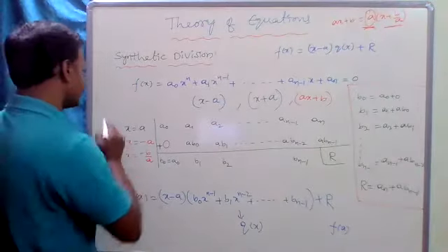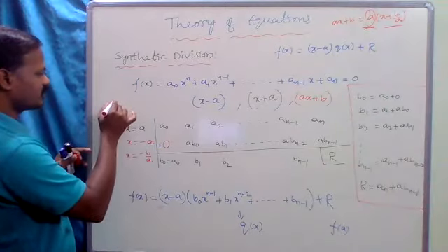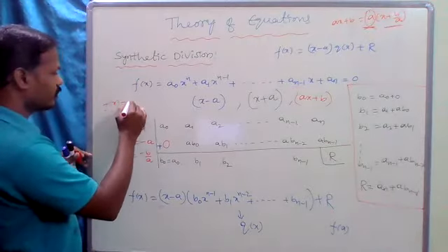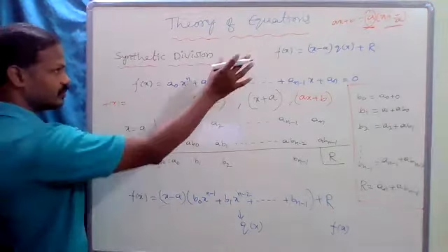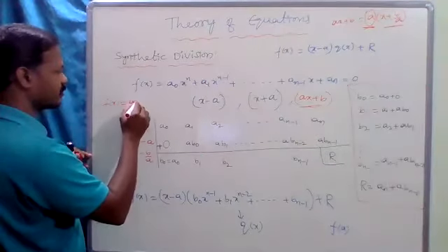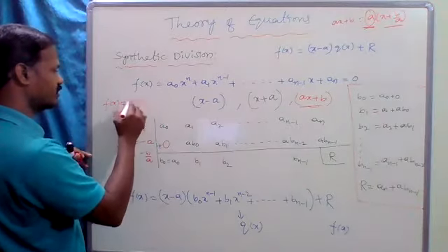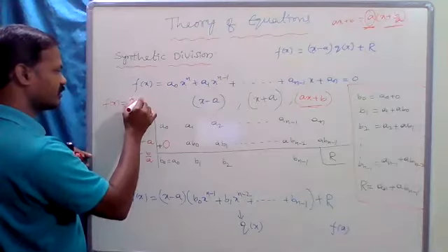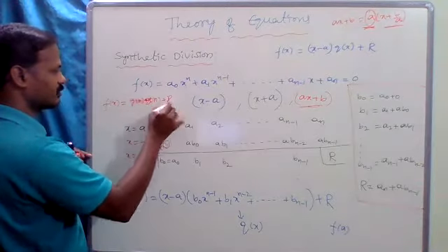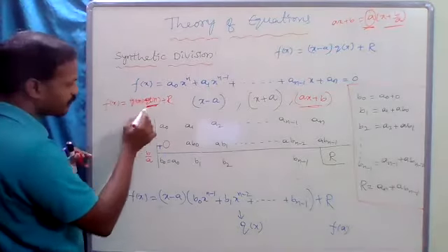For example, suppose we take some polynomial f of x equal to ax plus b. Okay, I will write something else: g of x into q of x plus r.